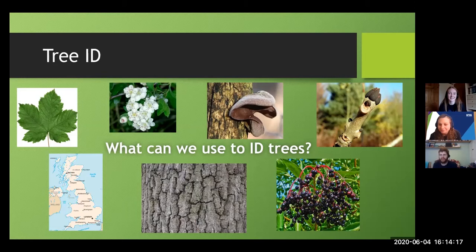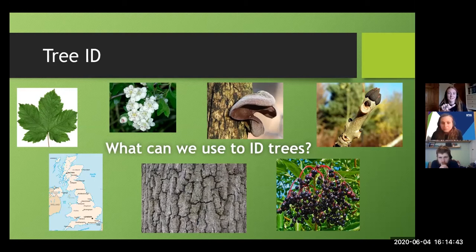Well, I suppose leaf shape is the obvious one. Yeah, so leaves. Anything else? The bark on the tree. Yeah, I think bark's actually a really good one. There's certain trees that I really like the bark, and I think it's really pretty. But yeah, so leaf, flowers.